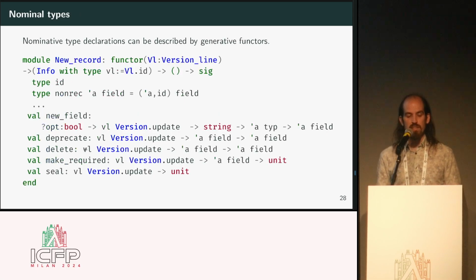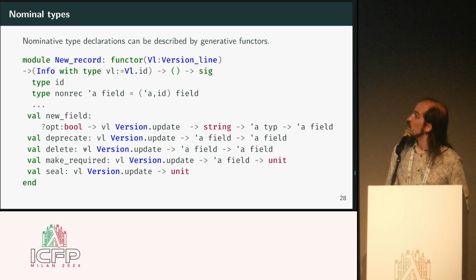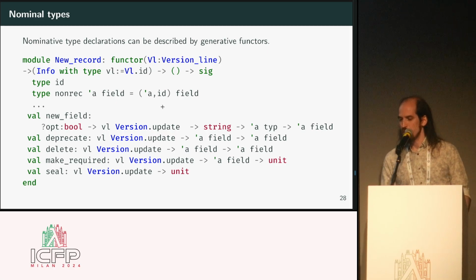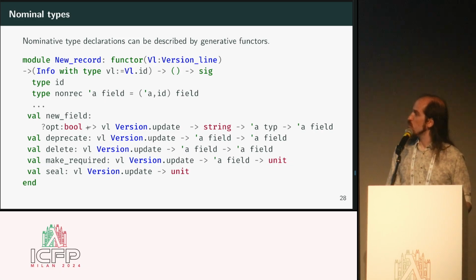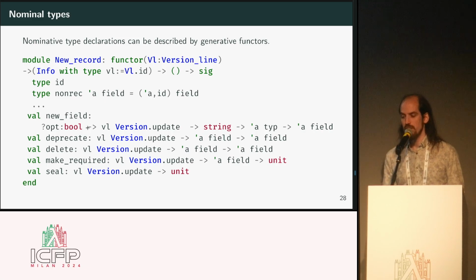And for the nominal side, you need a fresh name for a nominal type, and a fresh name when you are embedded inside the language means a fresh type. For fresh types, you can use a generative functor. Here it's a functor for creating a new record. It's mostly a history of versions, some metadata like the name of the new record, the generative argument, and then you have a new identity type, and some way to create new fields, deprecate a field, delete it, make it required.